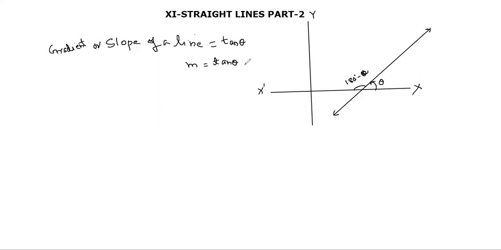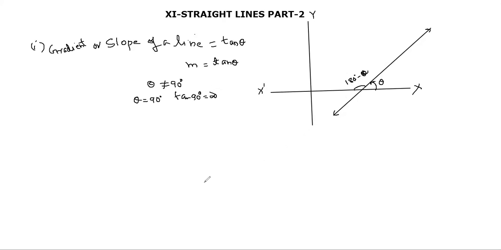How to find the slope now? This is the slope which we can find out when the angle is given. When theta is given, theta should not be equal to 90 degree, because when theta is 90 degree, tan 90 is infinity, which means infinite slope.